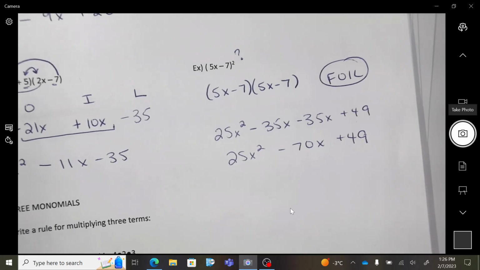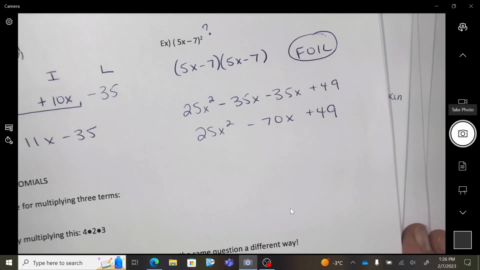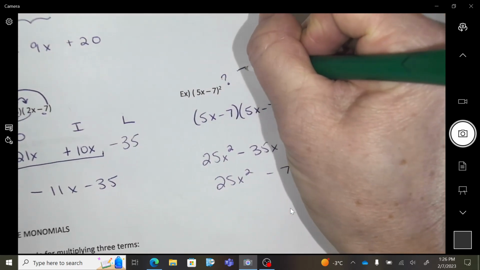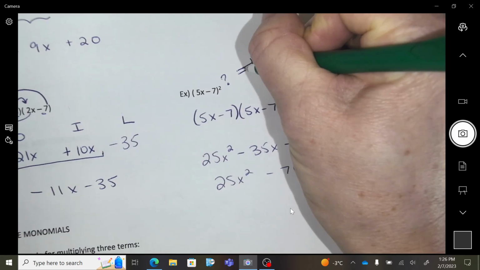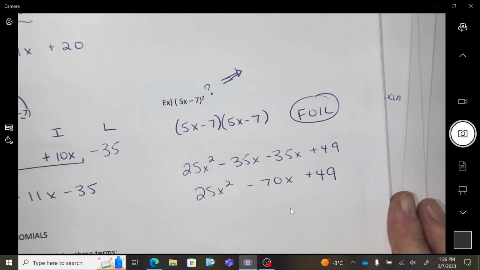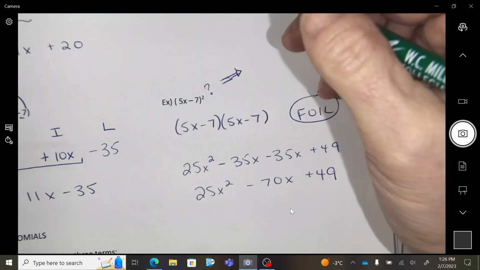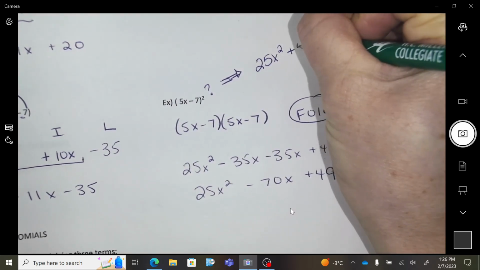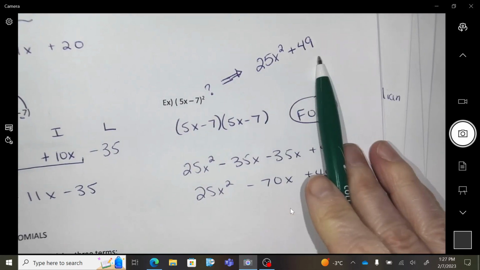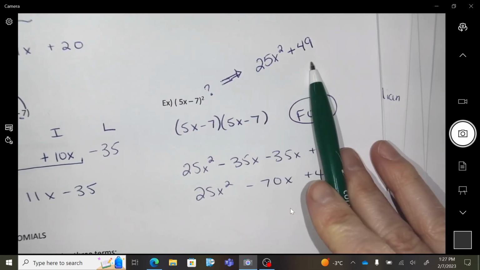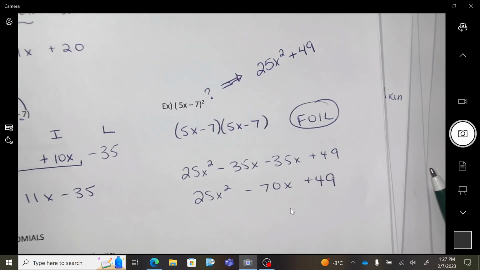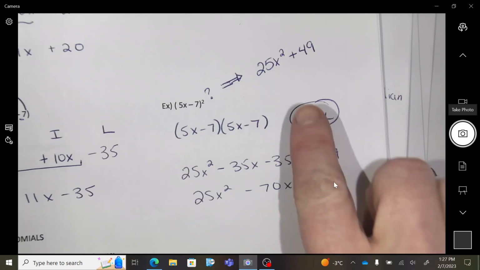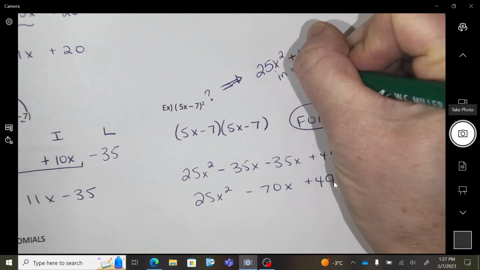Okay, looking at your answer when you're done, making sure you did it correctly. On this one, actually my grade 11s just made this mistake, some of them. Here's what I got as an incorrect answer. Why do you think somebody made this error? Okay, so I just did this incorrect.